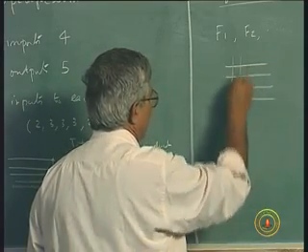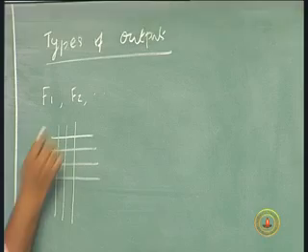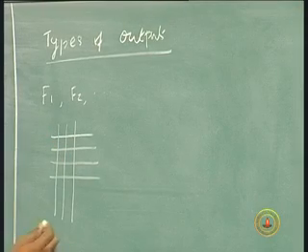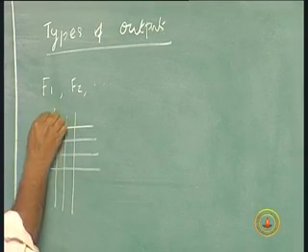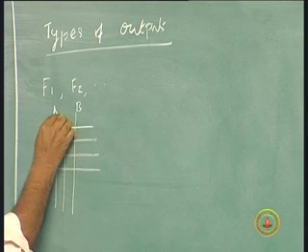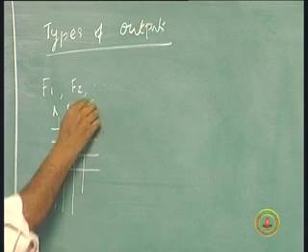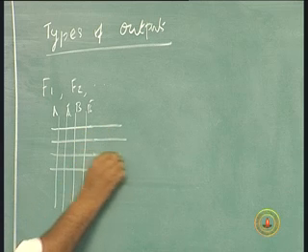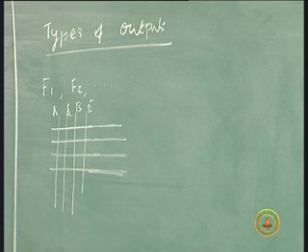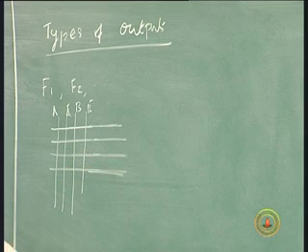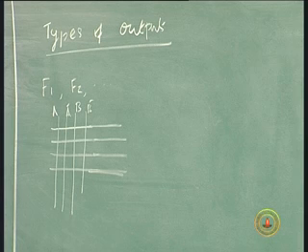These are the inputs A, B, C, and their counterparts are also available. Supposing, let us make it simple. Let us say we have A and B as inputs, A bar, B bar available. So, all my product terms can be functions of A, B, A bar, B bar. Is that right? That is what I mean when I say two inputs.